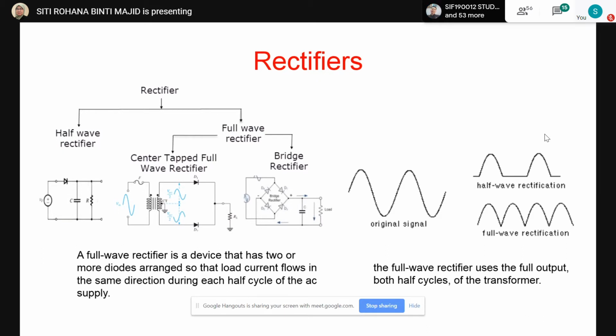So just now you could listen to the audio, but you could not see the visual. Now I show you the visual about the rectifiers. For rectifiers, we can group them into two groups.